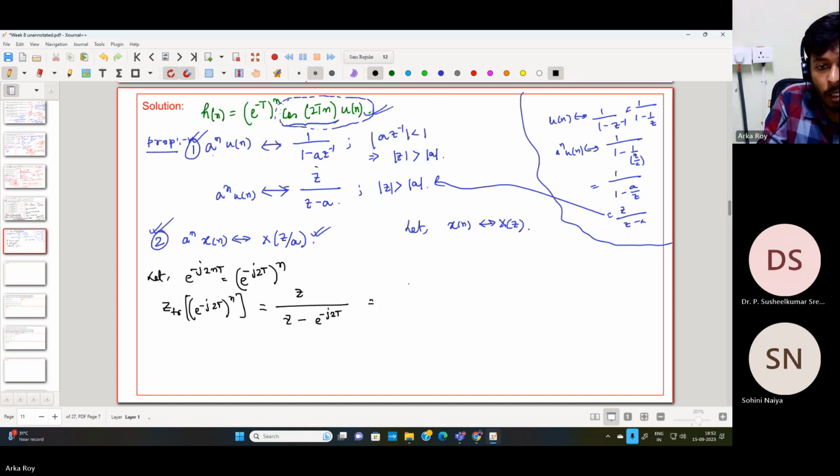Fine. Now I can use some more relations. I'm just multiplying both numerator and denominator with the same factor, e to the power j 2t, and here z minus e to the power minus j 2t followed by z minus e to the power j 2t.